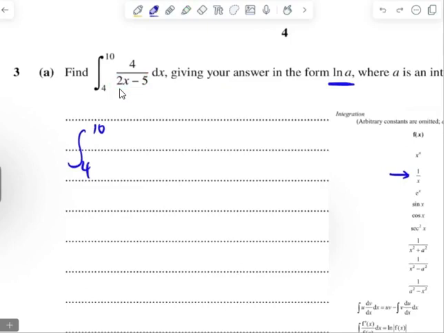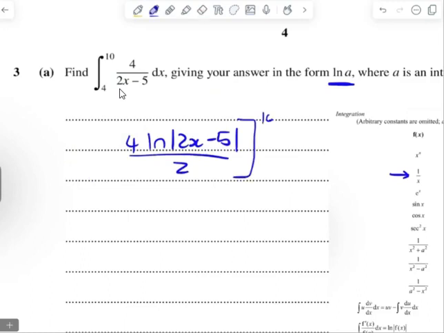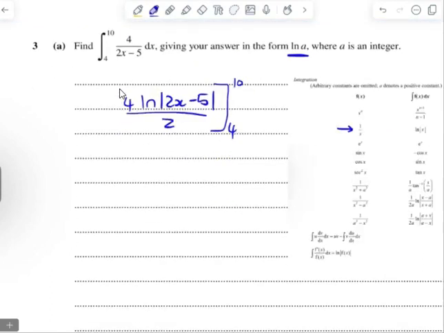So we just need to make sure that we use our reverse chain rule. Okay, I'm going to keep my coefficient, then I'm going to integrate, and I'm going to keep my inner function, and then all of that should be divided by 2. I've actually integrated directly, so I need to take my integral sign away, and then that's going from 10 to 4.